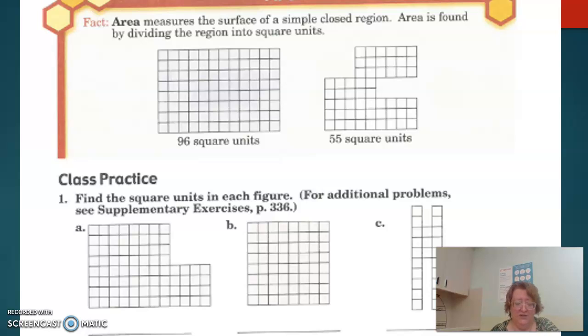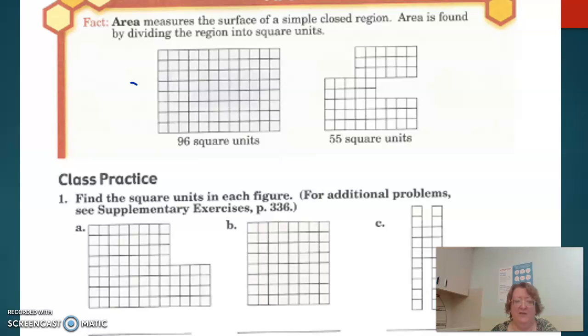And this is going to be written as square units. So if we look at this first one, count down with me the width. 1, 2, 3, 4, 5, 6, 7, 8.